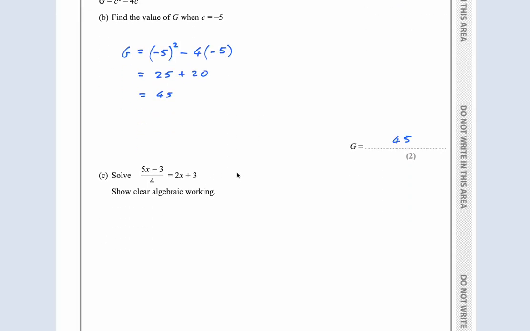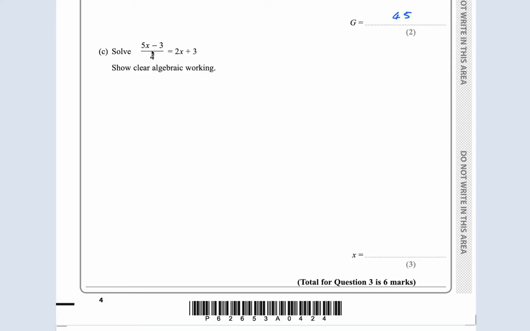Solve this. Show clear algebraic working. Okay. First step, I think, is the best thing to do, actually, I know, is to multiply both sides by 4. If you multiply by 4, you remove this, and you get 4 times, don't forget your bracket, 2x plus 3. Then multiply out the bracket. 4 times 2x is 8x. 4 times 3 is 12.